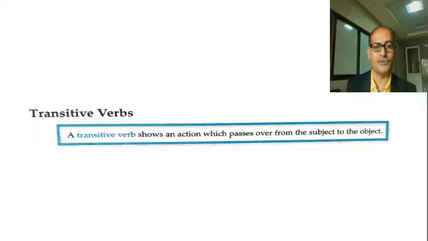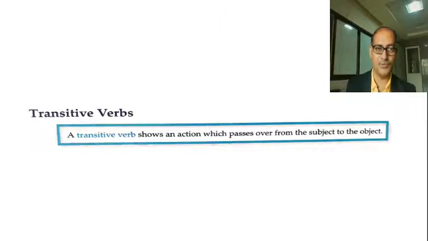Therefore, that verb is a transitive verb. In short, if a sentence has an object, the verb of that sentence is called a transitive verb. I hope you are getting what I am trying to convey, dear students.